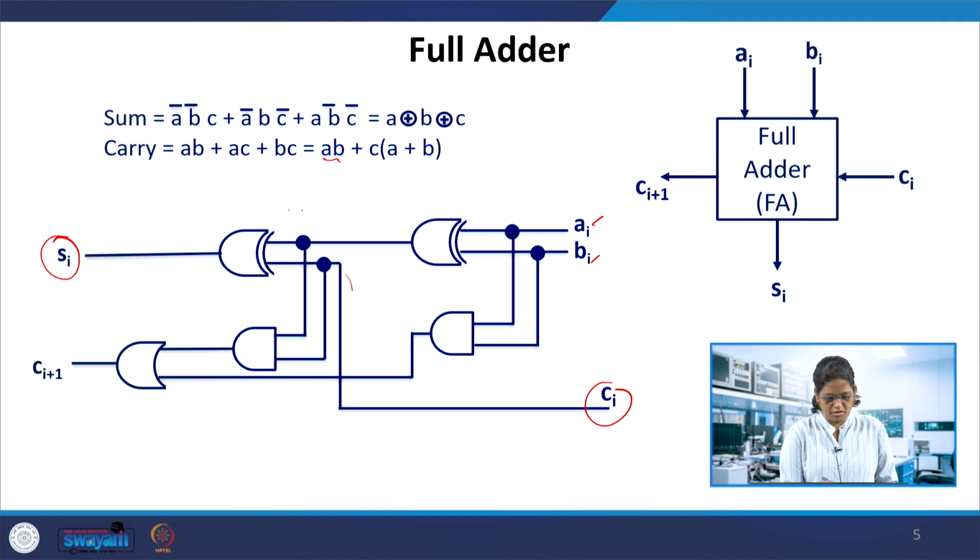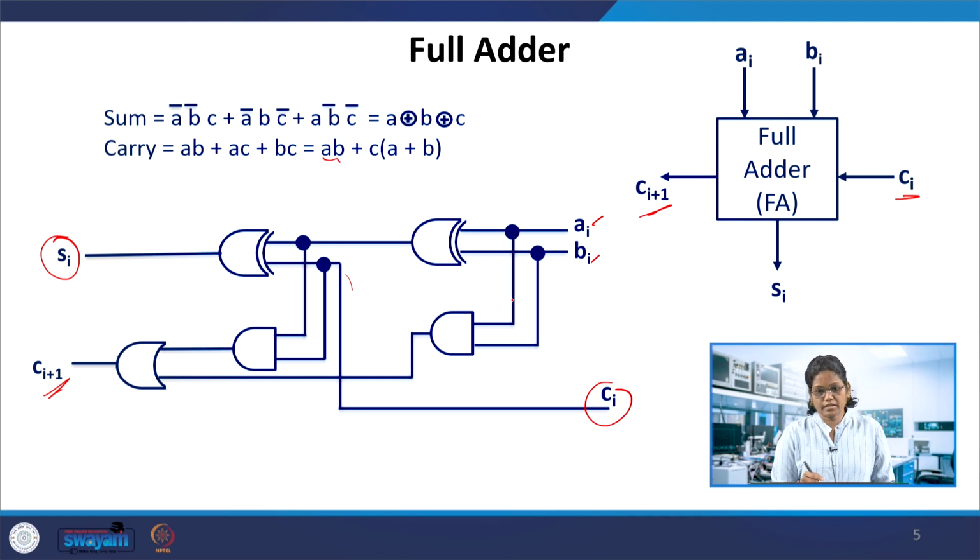So this is one half adder and this is another half adder, and ORing the two carries gives the full adder carry. So the carry Ci plus 1 using A, B and C is obtained with this two half adder function.